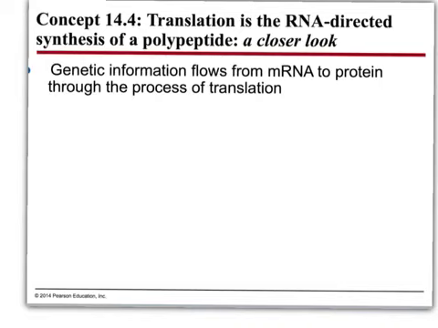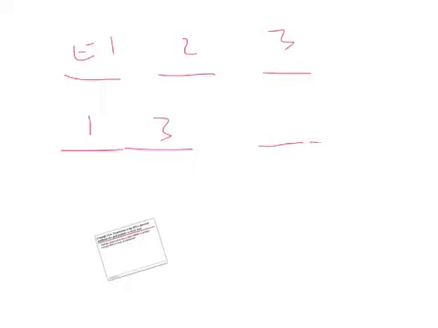Okay? Before we move on to translation, what happens if, say, we have exon 1, 2, and 3, and exon 1 is spliced to exon 3, or exon 1 is spliced to exon 2, and no exon 3?